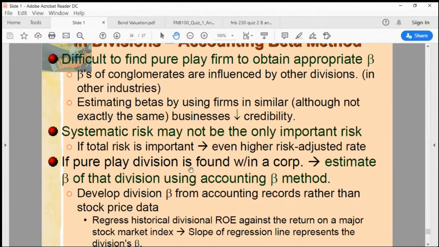It's difficult to find a pure play firm, but at least some divisions in each company would be rather like pure play.